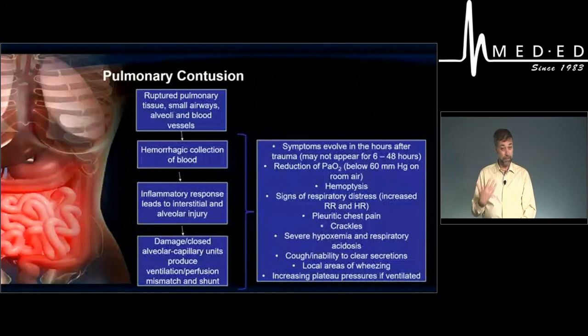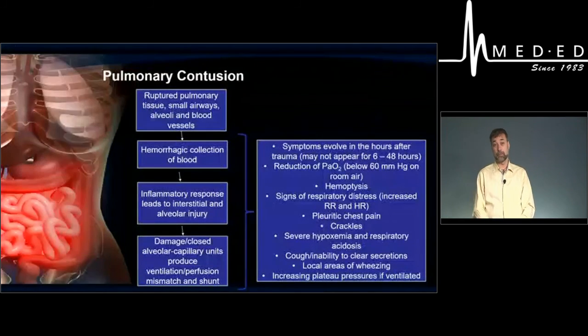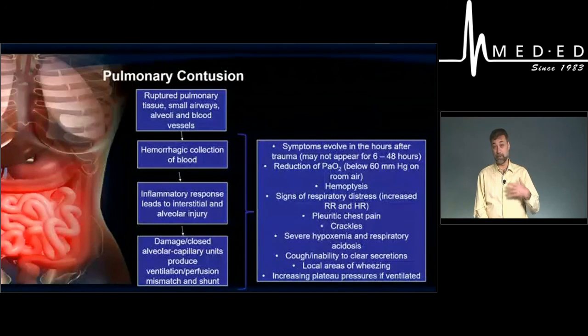But also, the injury to the lungs themselves are going to cause an inflammatory response. Now, if you're not familiar with that term, I talk a lot about it in the Special Considerations module, so make sure you watch that. But remember, with an inflammatory response, which is due to tissue injury, you get a capillary permeability. So not only now does the patient have blood in the airways and blood in the alveoli reducing oxygen exchange, but the inflammatory response is going to lead to a secondary capillary permeability with plasma accumulation in the alveoli.